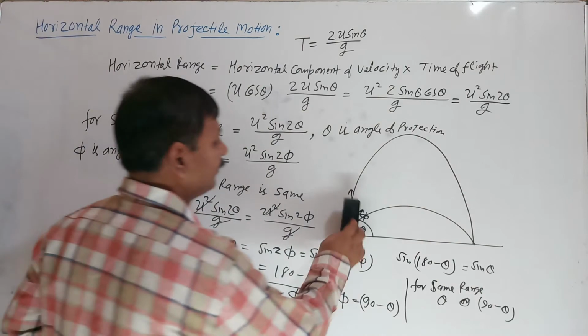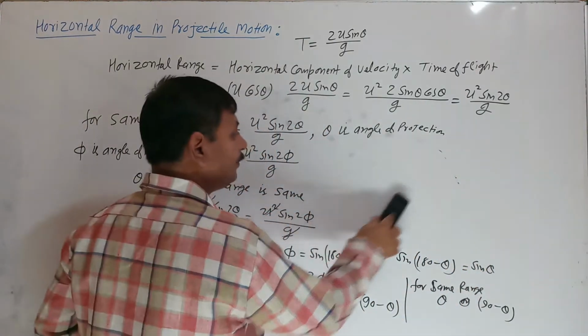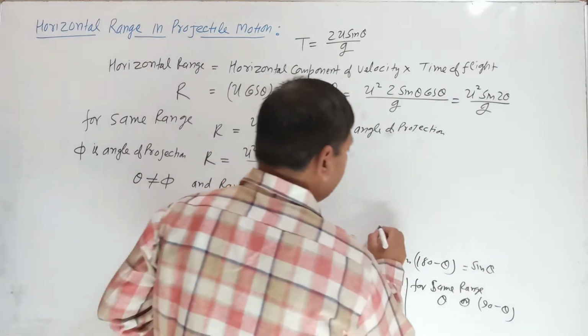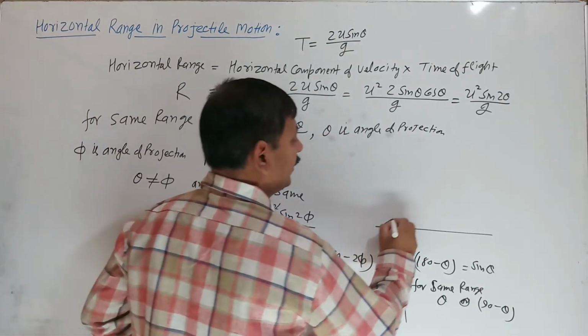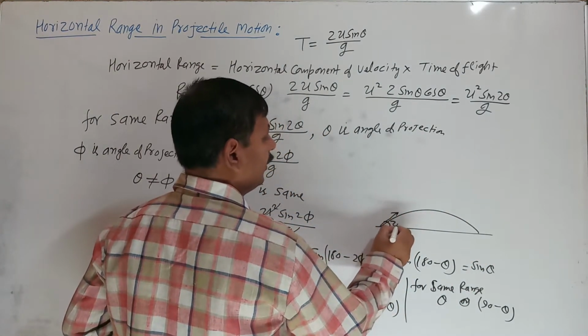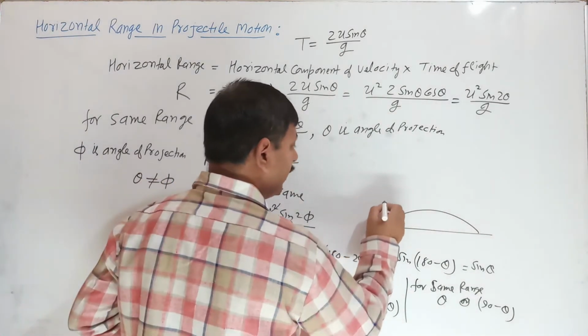See here, if I am taking different angles of projection, suppose I have taken angle of projection as 30 degree. This 30 degree I have taken, and I have taken 60 degree angle of projection.